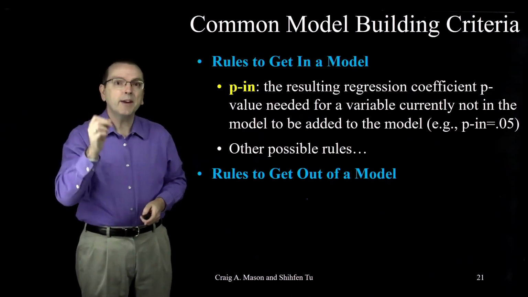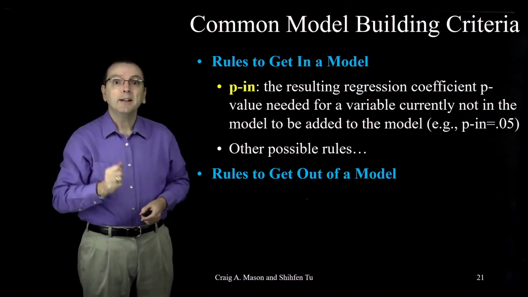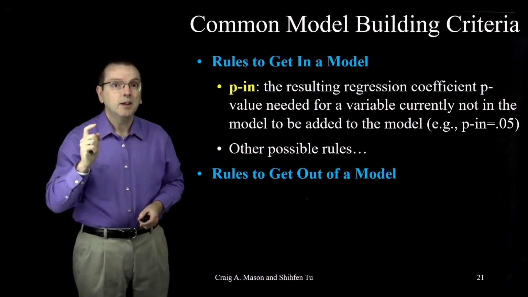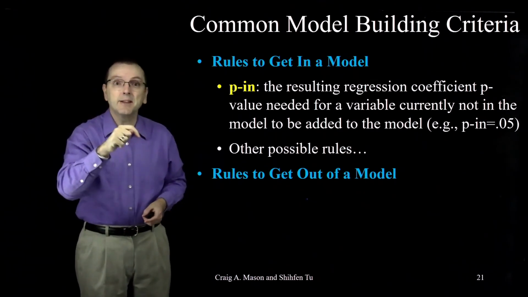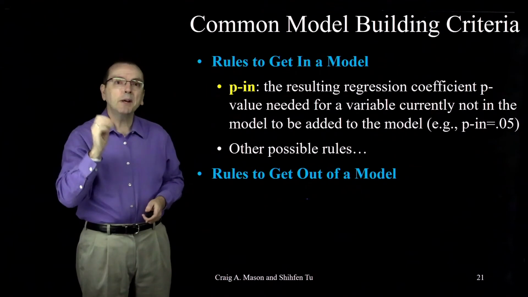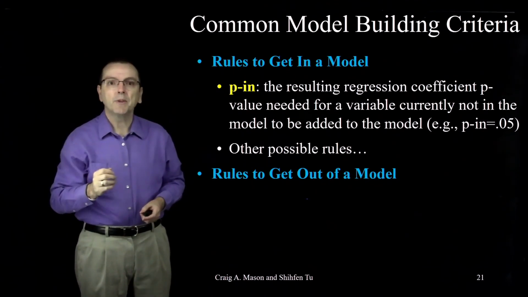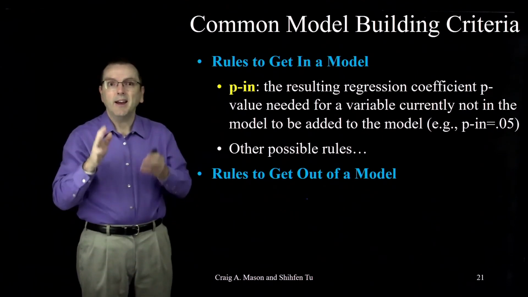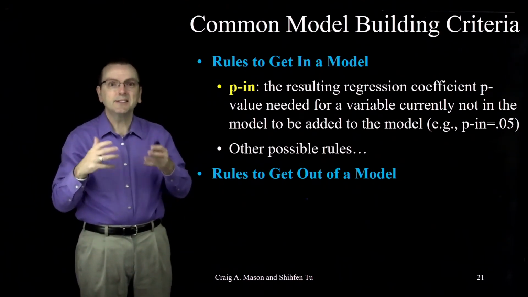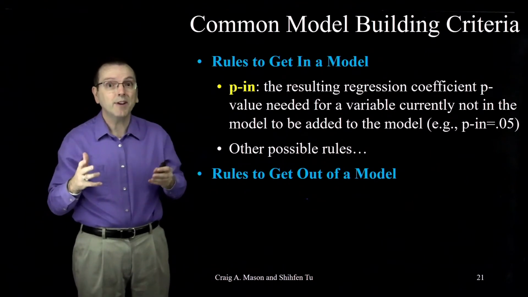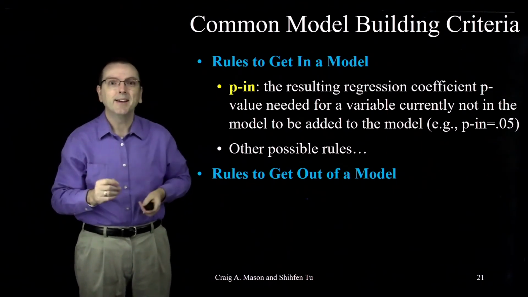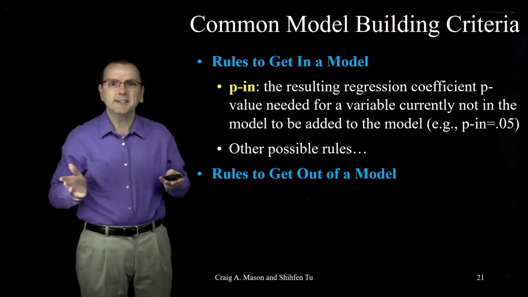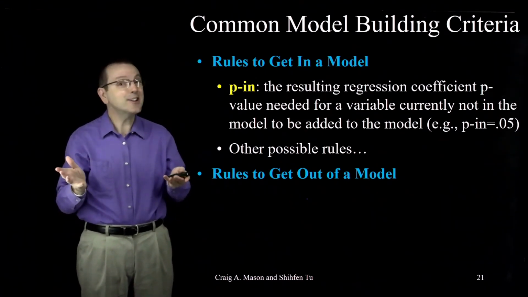The p to enter or p in rule says that for a variable that's not already in the model to be added into the model, the p-value must be less than some value, typically 0.05. In other words, if it's not statistically significant at the 0.05 level, it won't be added. Think back to our basketball analogy. If it doesn't make a significant contribution, it ain't joining the team.